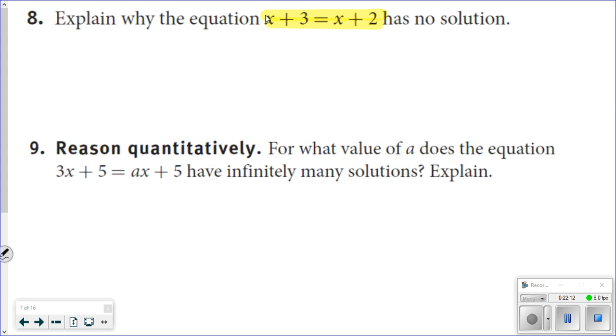This has no solution because some of you said my x terms are the same. We have x and x, but your constant terms are different. Great observation. Or some of you said that 3 does not equal 2. Therefore, this is no solution. This is a false statement.